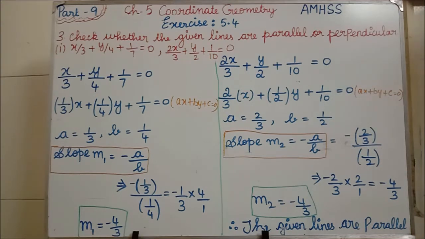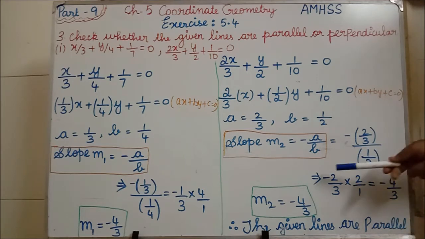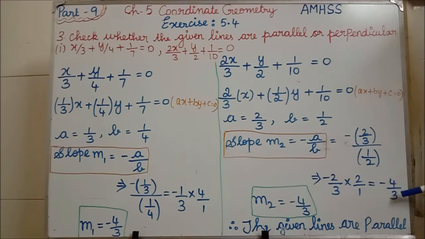Clear? The next step, again here we have division of fractions. So the denominator part will become its reciprocal. Minus 2 by 3 into 1 by 2 will become 2 by 1. So 2 2s are 4, minus. We are having 3 1s are 3. Now m2 value is what?